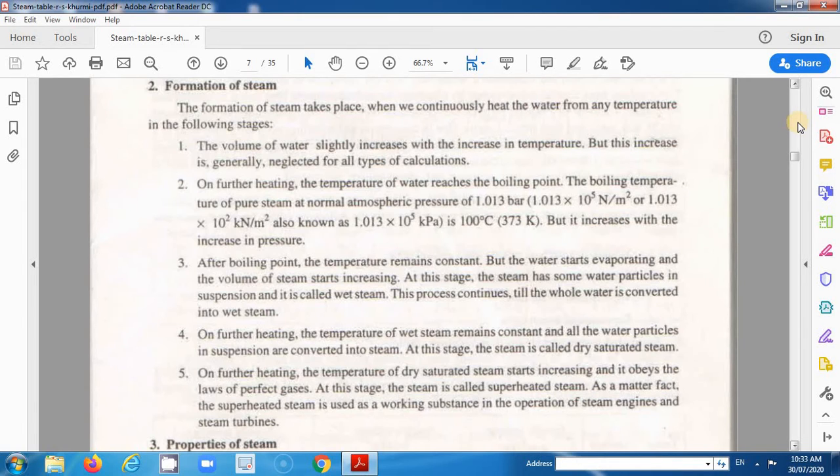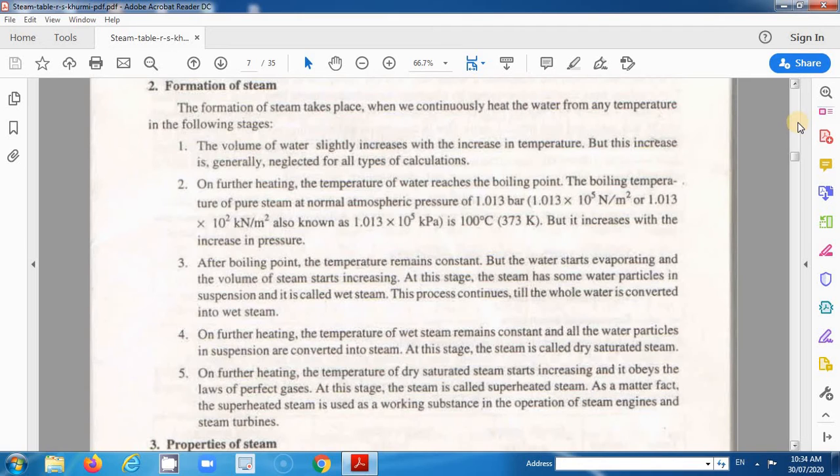The boiling temperature of pure water at normal atmospheric pressure of 1.013 bar, that is 1.013 into 10 raised to 5 Newton per meter square, or 1.013 into 10 raised to 2 kilonewton per meter square, also known as 1.013 into 10 raised to 2 kilopascal, is 100 degrees centigrade or 373 Kelvin, but it increases with increase in pressure.